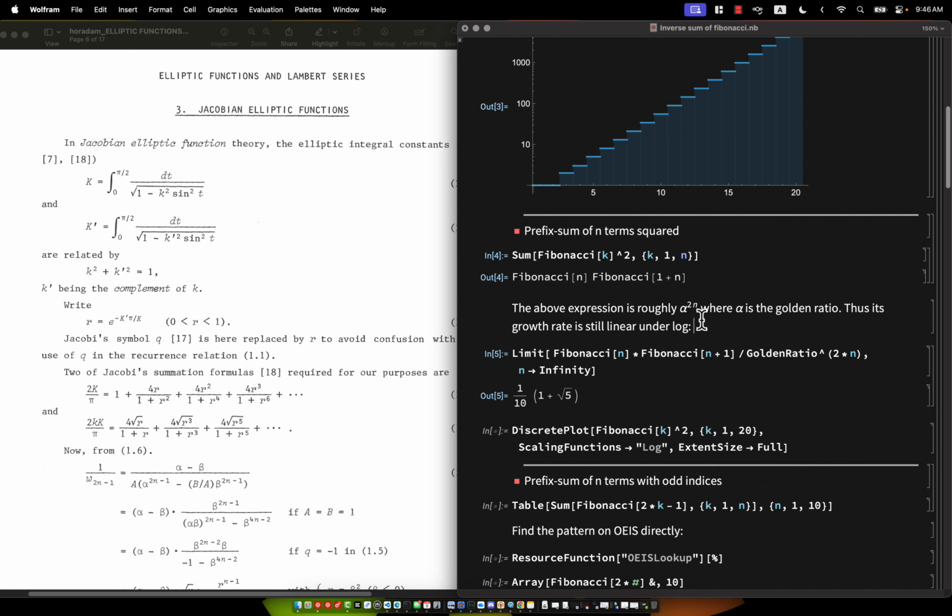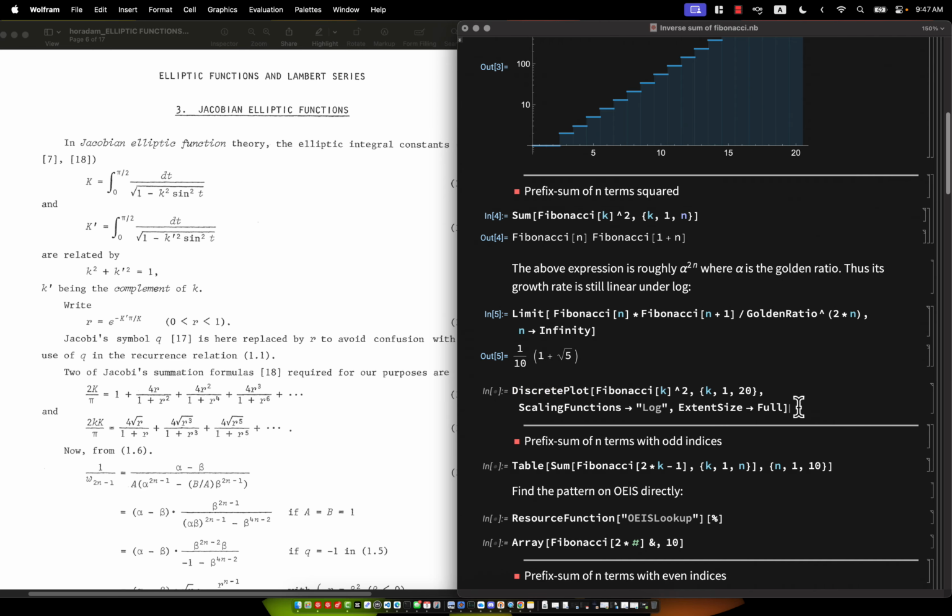So if you check the limit, say Fibonacci n times Fibonacci n plus 1, over the golden ratio to the power of 2n, it should be constant, which means they are asymptotically the same. This is part of the Binet formula, the alpha part, and beta is usually 1 minus alpha.